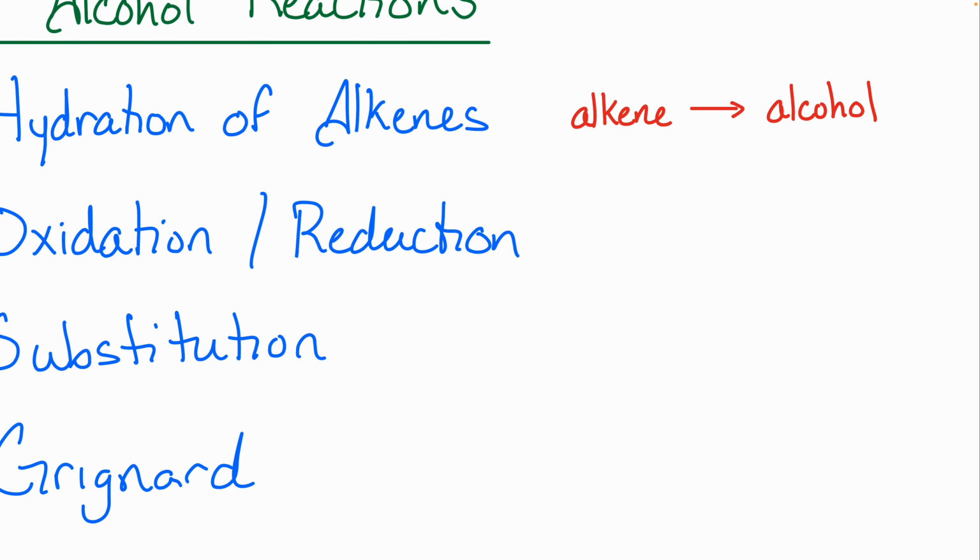When I'm talking about oxidation or reduction, that's when we take our alcohol and we can oxidize it to an aldehyde or ketone, or we can go the other direction.